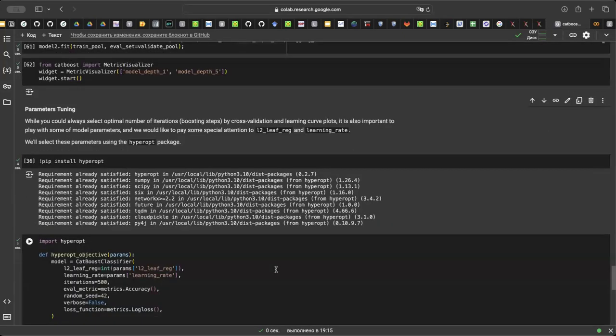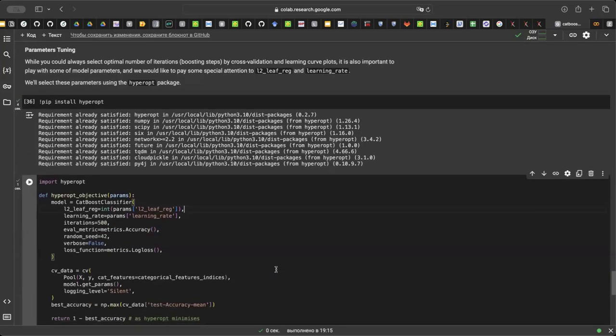Okay, there is also an integration with some automatic parameter tuning for CatBoost, for example with HyperOpt. HyperOpt is a very widespread framework for such things.